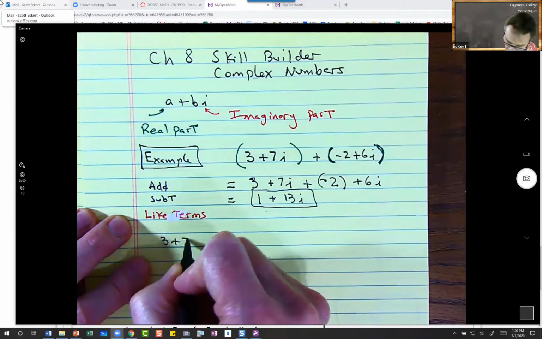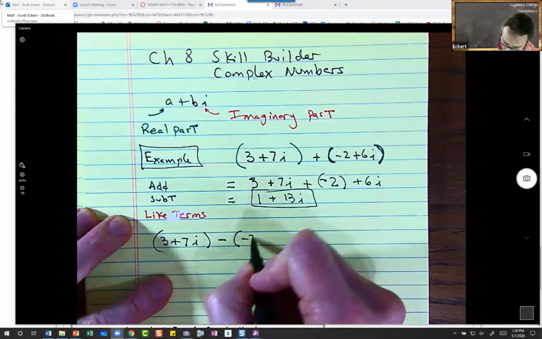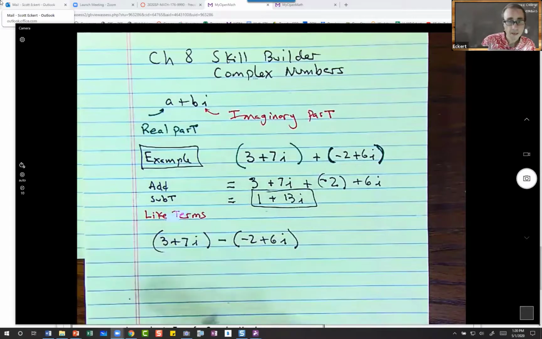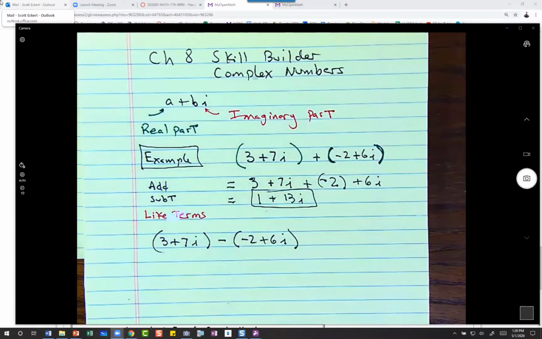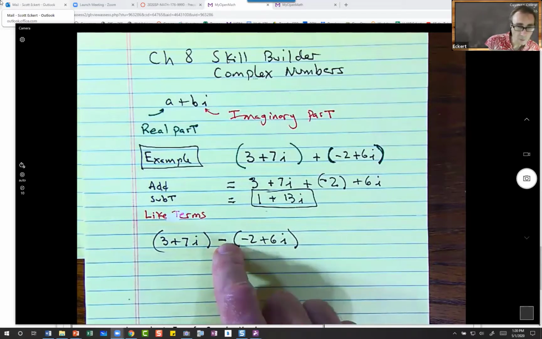3 plus 7i minus negative 2 plus 6i. Now, are the parentheses doing anything? Yes. This minus is subtracting the whole group.